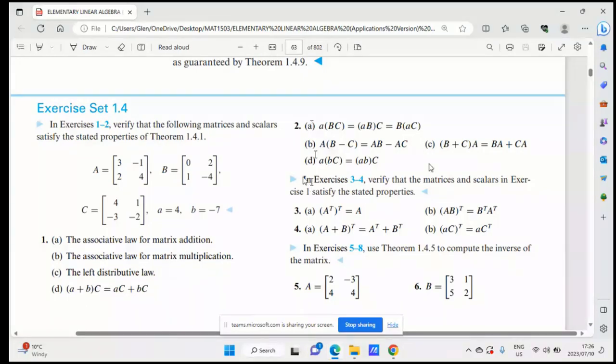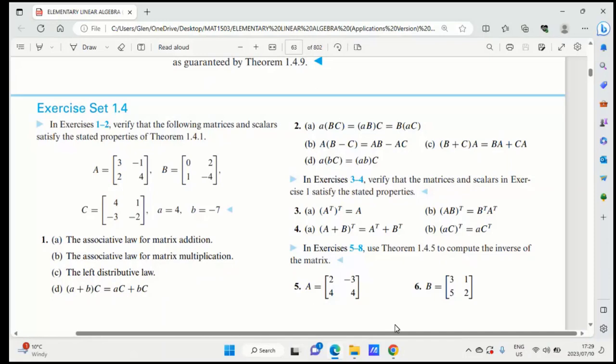We are still using matrices A, B, C, as well as scalars A and B. We'll start by working out number 3A. A transpose, everything transposed, equals A. That is what we need to verify.